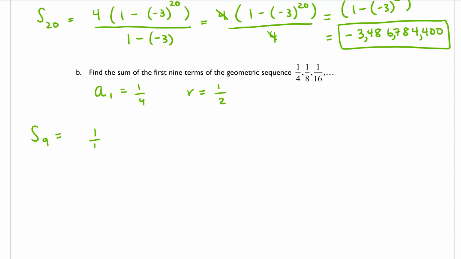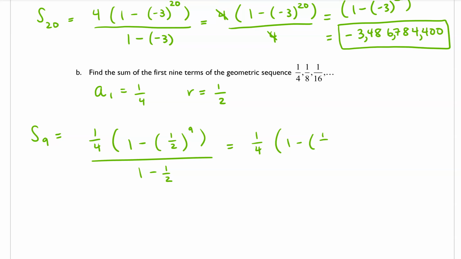So we would do 1/4 times 1 minus the common ratio to the 9th power over 1 minus the common ratio, which is 1/2. Let's see if we can simplify that a little bit. 1 minus 1/2 is 1/2.